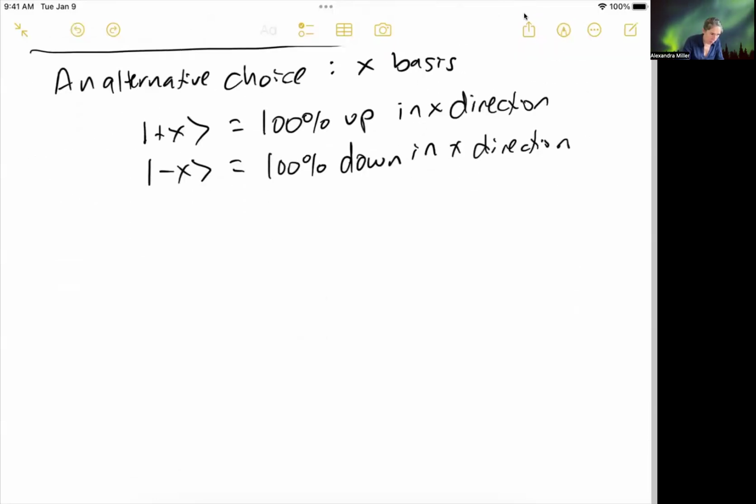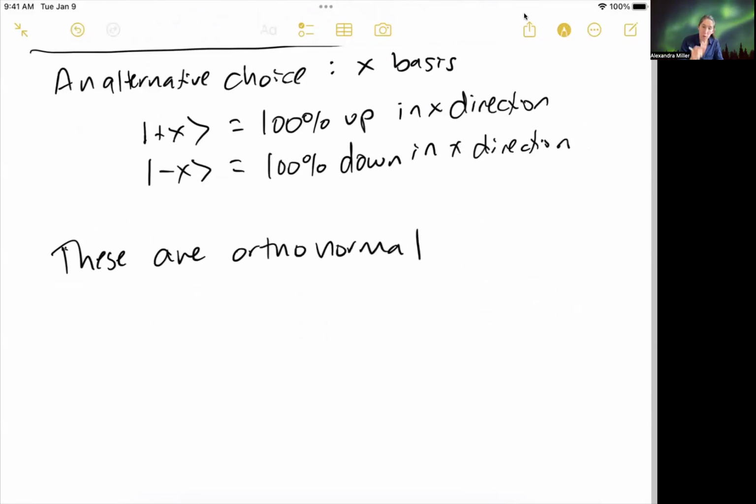So these are orthonormal, where the ortho is orthogonality. Normal means they're normalized, or really you can think of that as being like unit vectors.